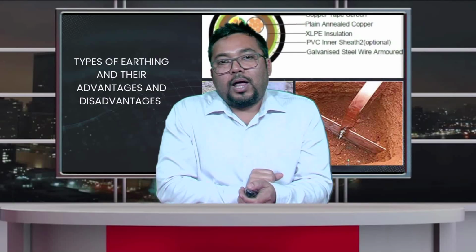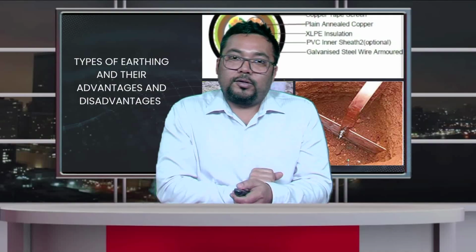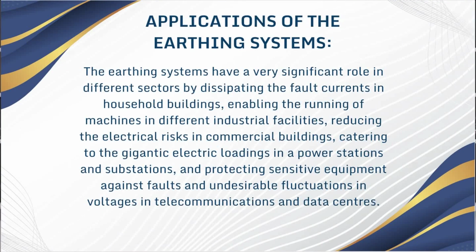Now let us talk about applications of the earthing system. The earthing system has a very significant role in different sectors. It dissipates the fault currents to the ground, so it saves household buildings.